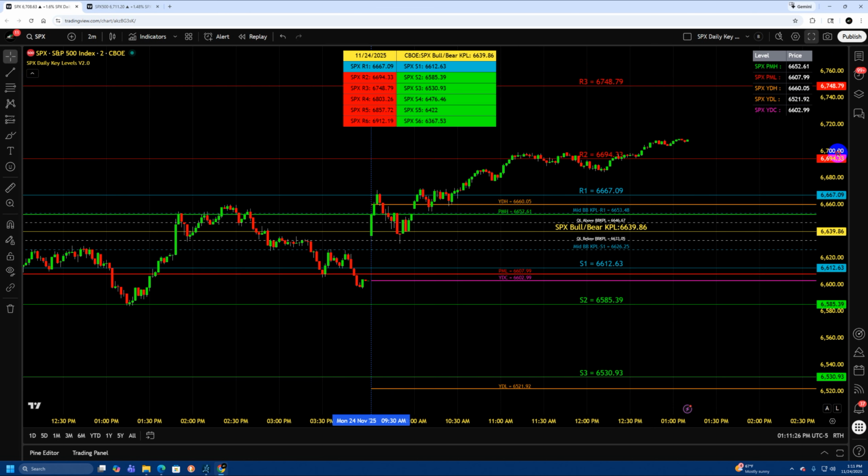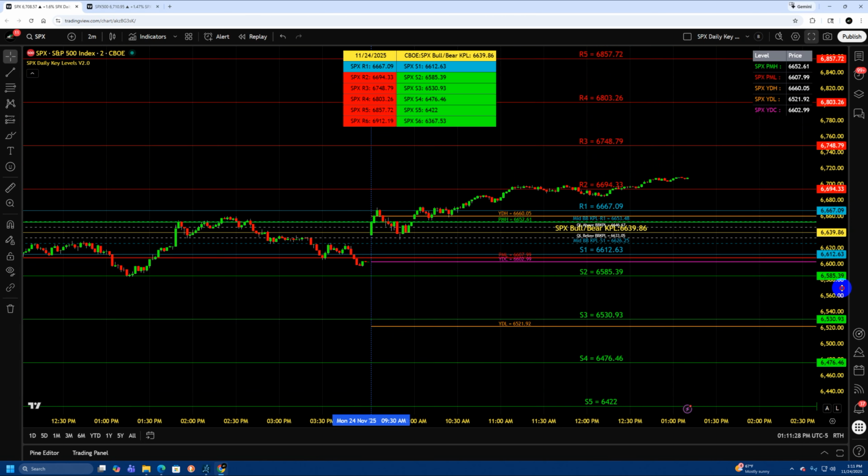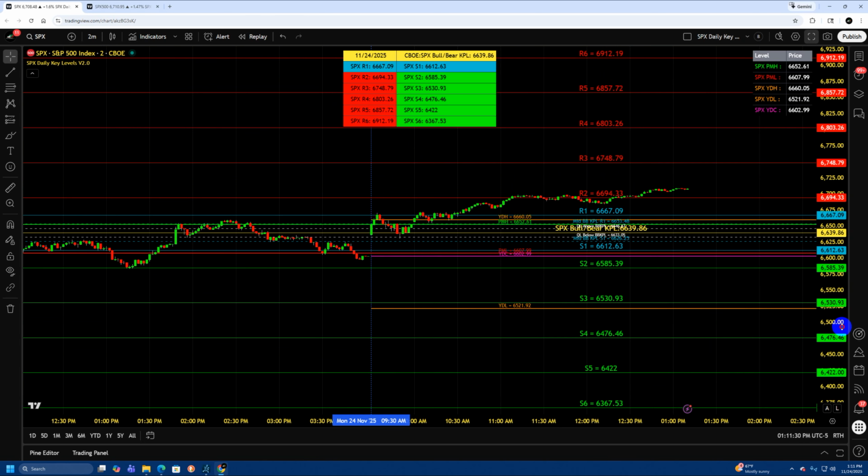So even though you have the 6 levels, if you have all 6 levels on your chart, it squunches up this area here, which is very important for the beginning of the session. So when utilizing this indicator, you do not want to start off the session having all 6 levels above and all 6 levels below displayed.